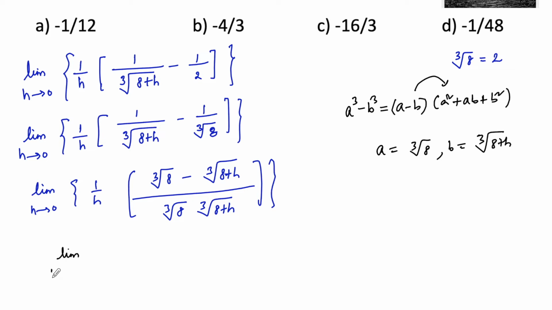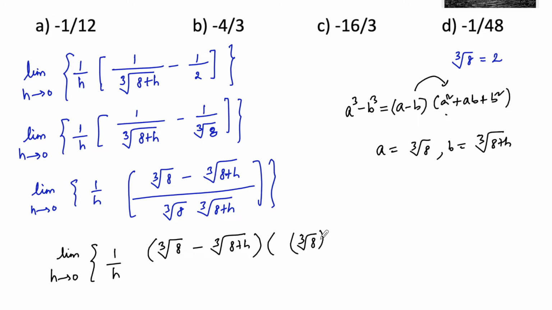So we can write it as limit h tends to 0, 1 upon h times of (cube root of 8 minus cube root of 8 plus h) multiplied with a square plus ab plus b square, that is cube root of 8 whole square plus cube root of 8 into cube root of 8 plus h plus cube root of 8 plus h whole square.